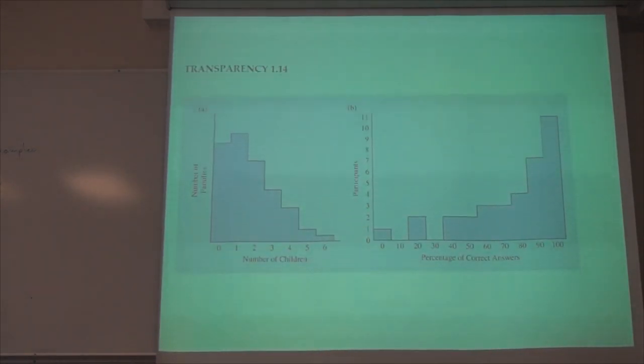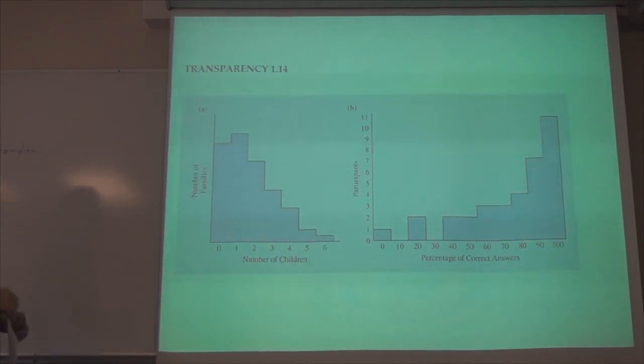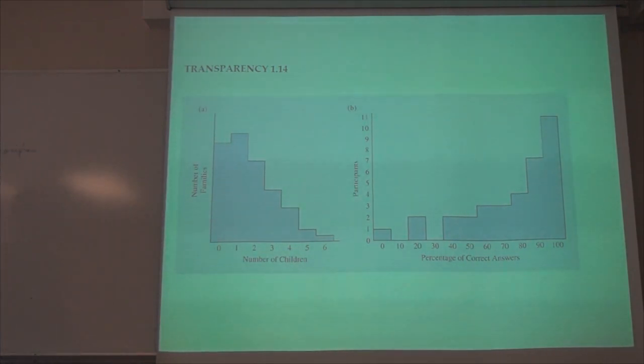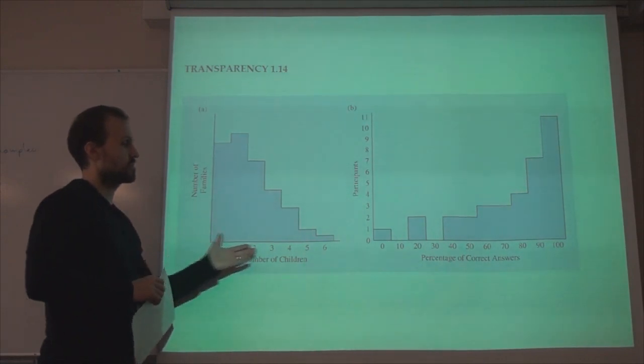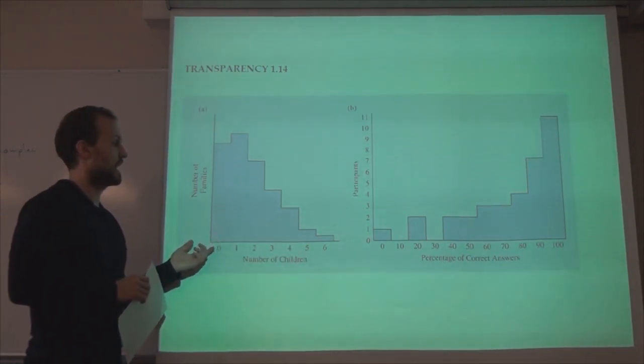So if I have some examples in 114, our examples were fairly symmetrical in that the peak was sort of in the middle, but I could have something else like number of families with a survey of number of children. How many children does the family have?